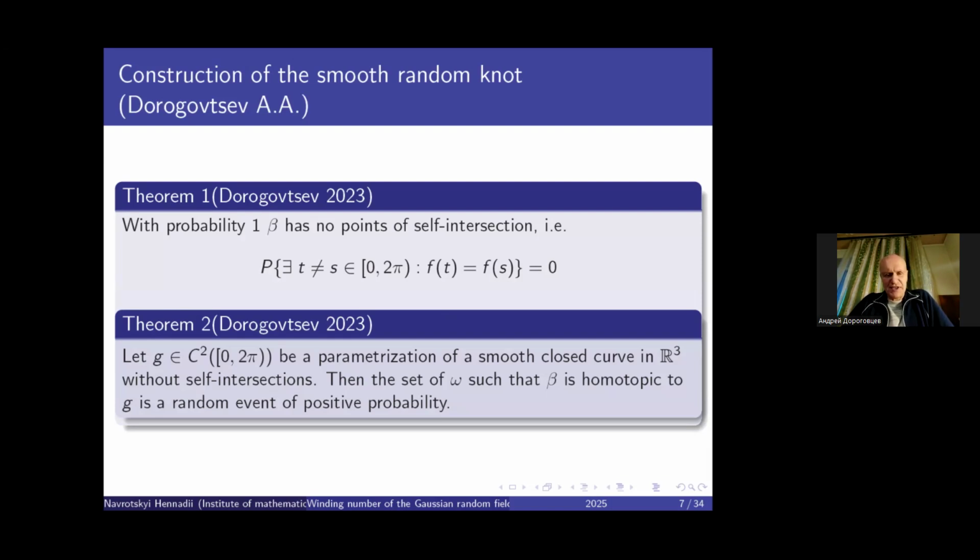And to ensure this, we need some statements about the support of the distribution of the knot coordinates. Of course, this distribution is a Gaussian measure, but it can be concentrated on a proper linear subspace of the space of periodic functions.